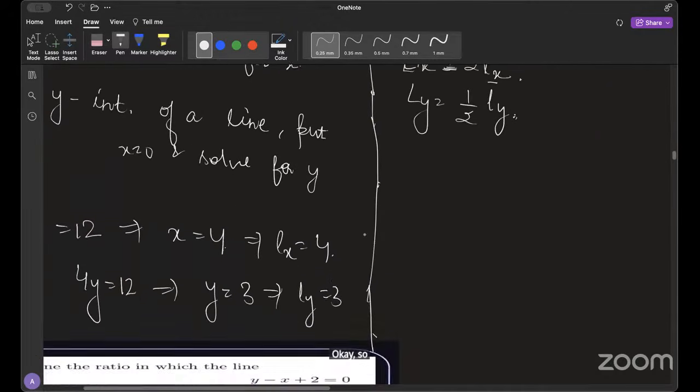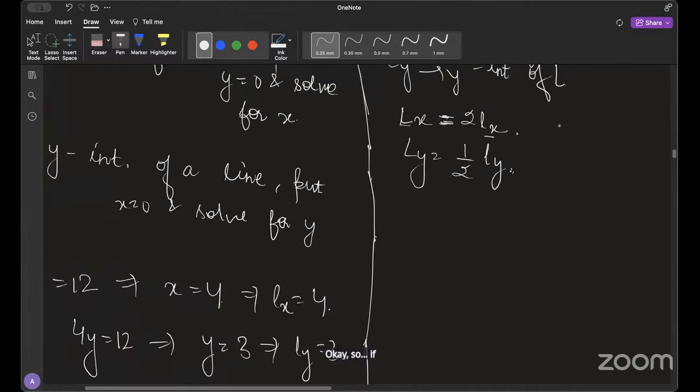Okay, so if you substitute these values here, you'll get capital Lx equals to 2 times 4. So it's 8. And here you'll have half times 3. So this is 3 by 2.